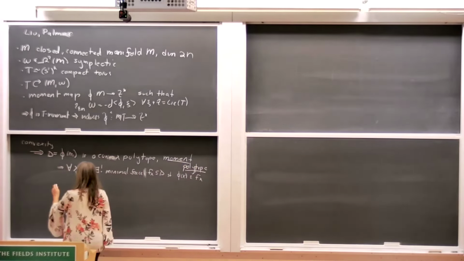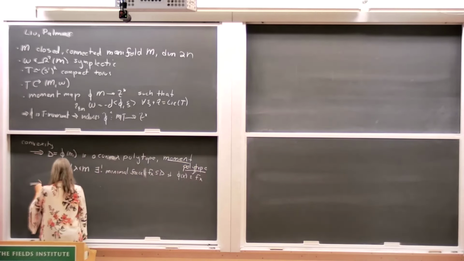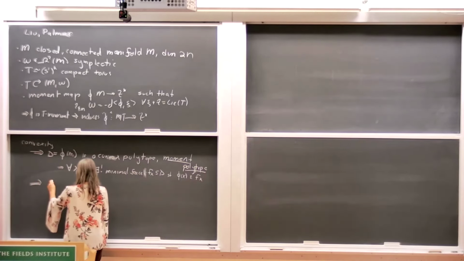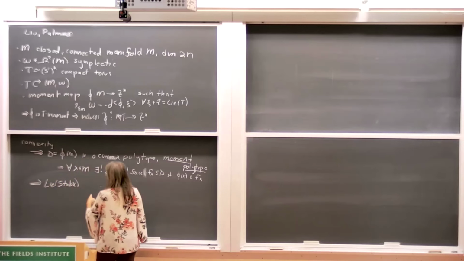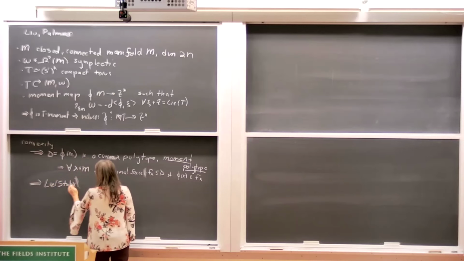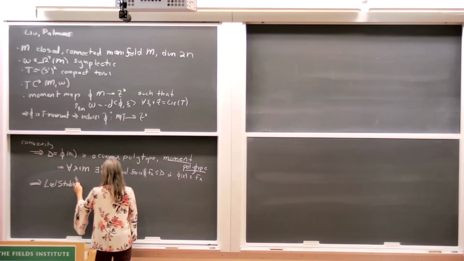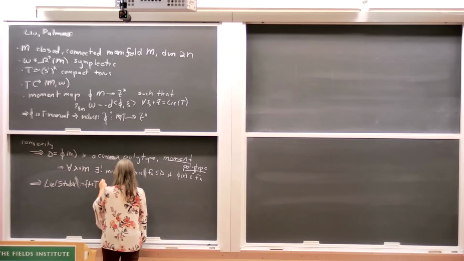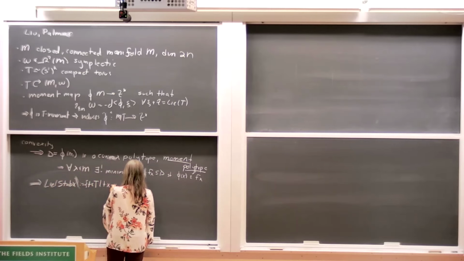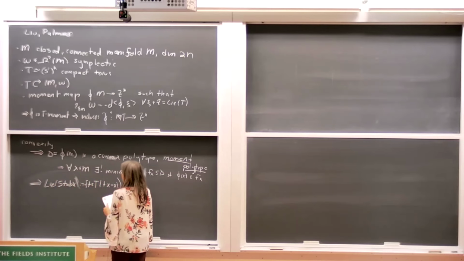And another thing, which is often called openness, which is slightly less well-known, but it's just as important, is this. Given any x, I can look at the stabilizer of x, which is the set of t in the torus which fix it.